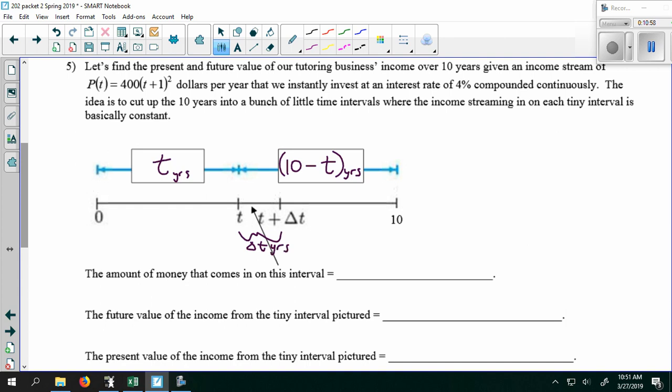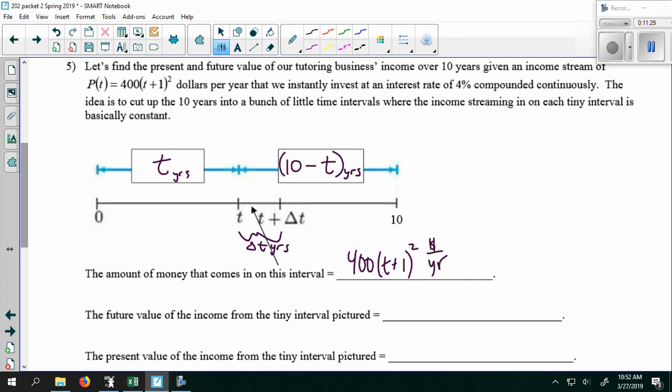Okay, so I want to think about how much money in dollars comes in on that tiny small interval. We'll have a formula for how many dollars per year are coming in, right? So I'll just plug in my formula, 400 times (t plus 1) squared. This is dollars per year, right?